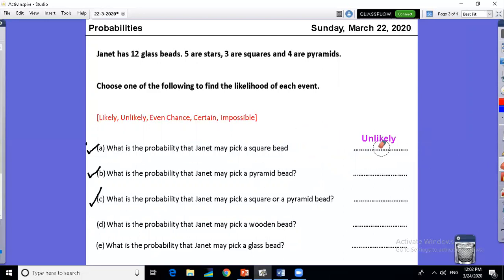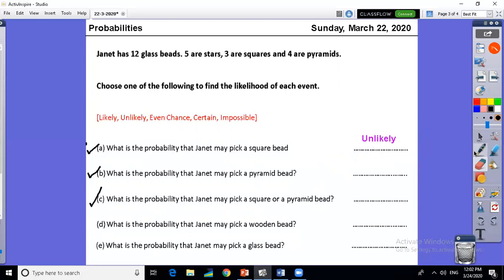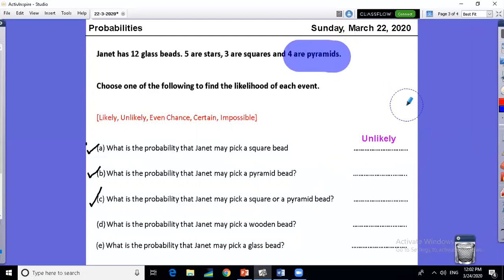Question B. What's the probability that Janet may pick a pyramid bead? Pyramid, how many are there? Let me use the highlighter. Pyramids are 4. 4 out of how many?